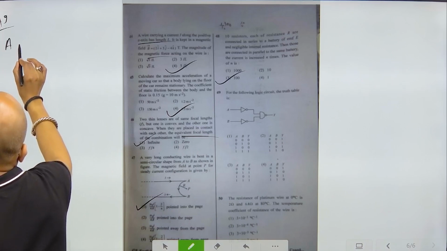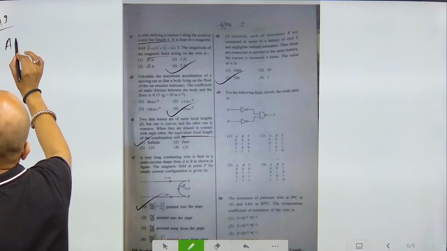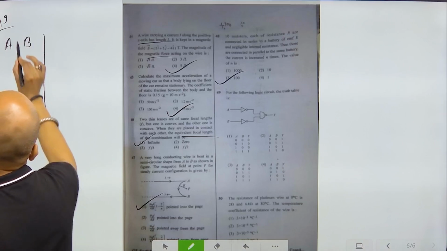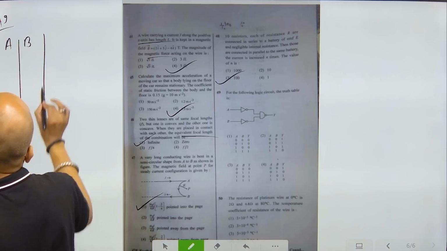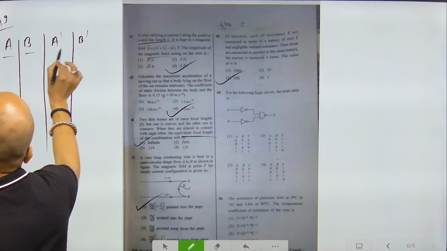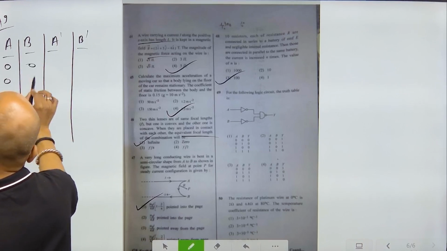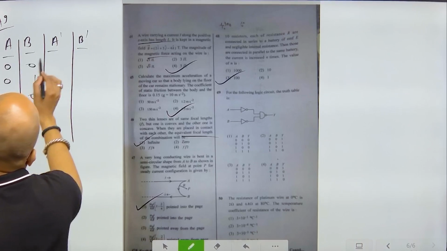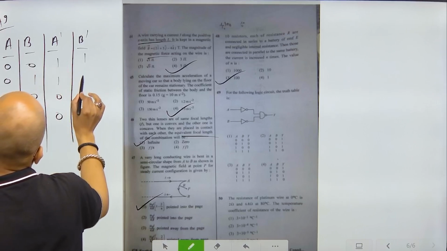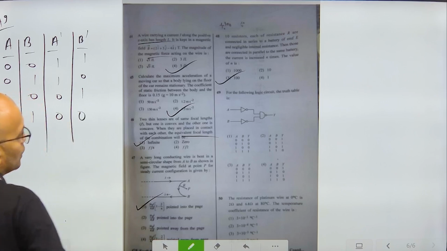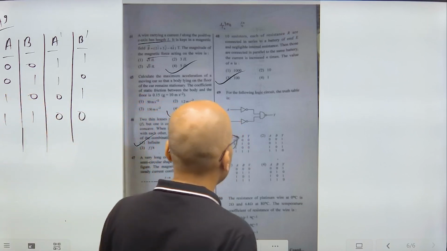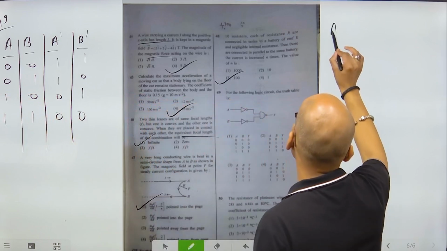A, B, then A dash, B dash. How do we write it? 0 0, 0 1, 1 0, 1 1. A dash will be 1 1 0 0. B dash will be 1 0 1 0. Now A dash and B dash are fed into NAND.